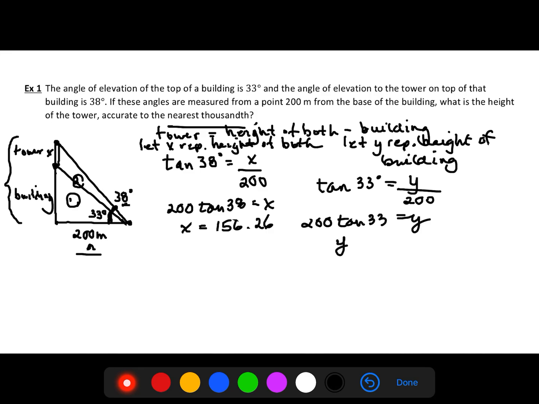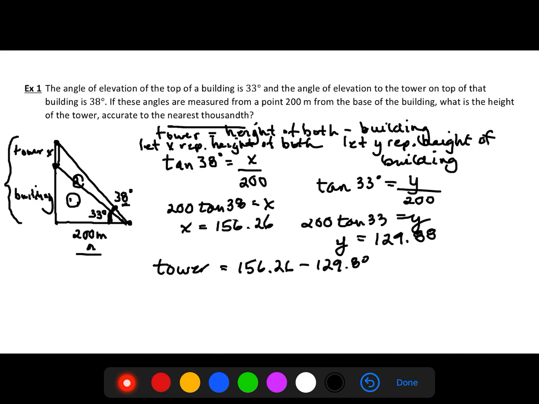Taking our 200 to the other side and putting into our calculators 200 times tan 33, we get 129.88.